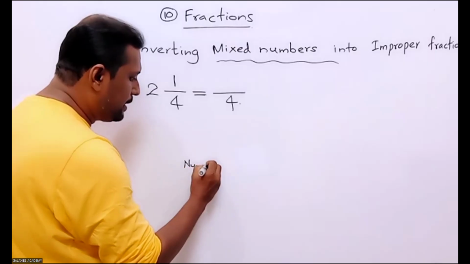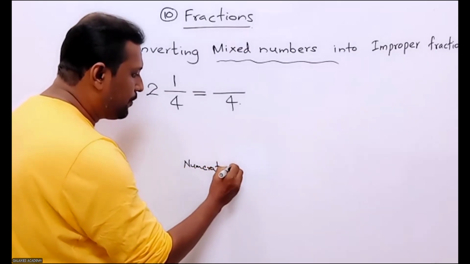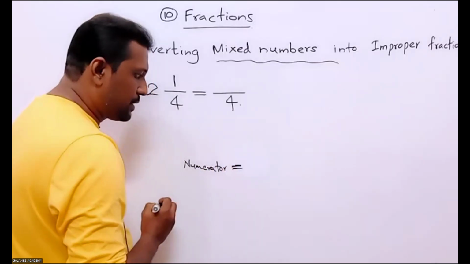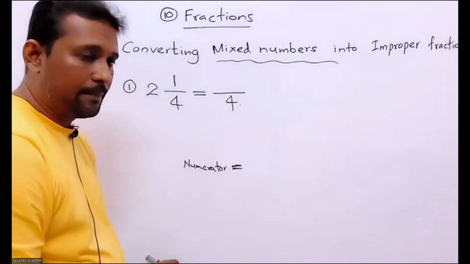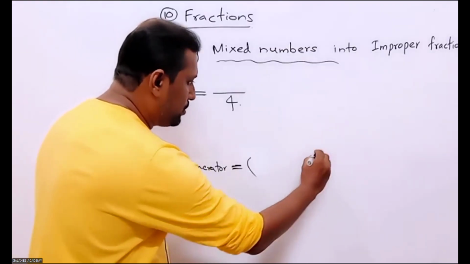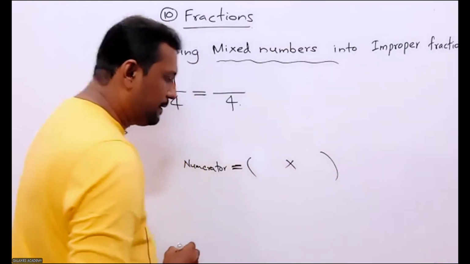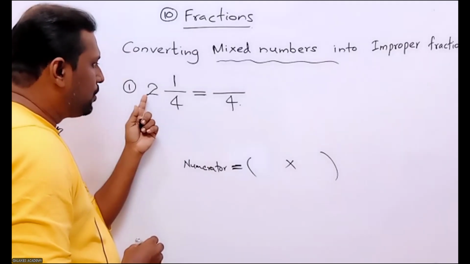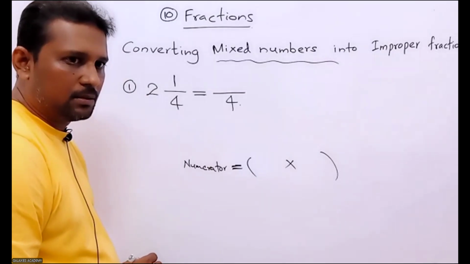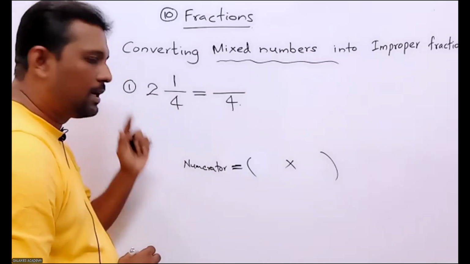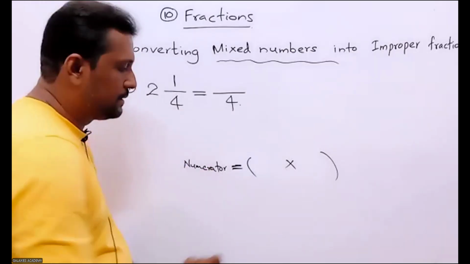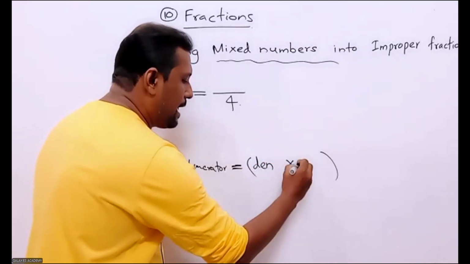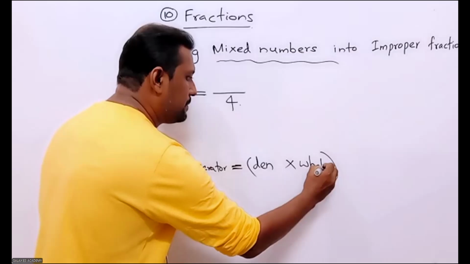Now look at how you can get the numerator of the improper fraction. First you multiply the denominator and the whole number, and you get an answer.